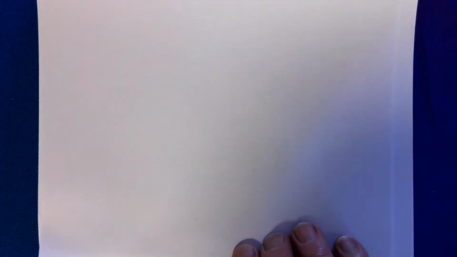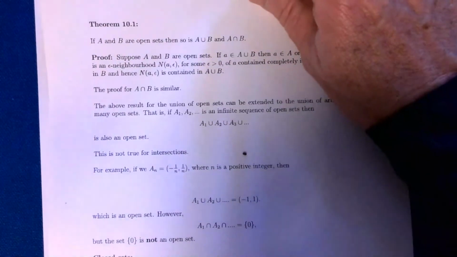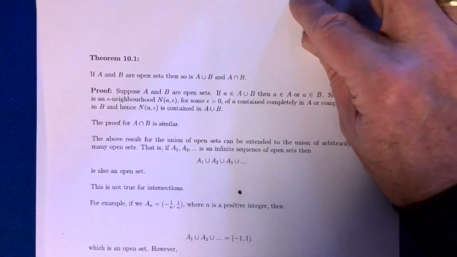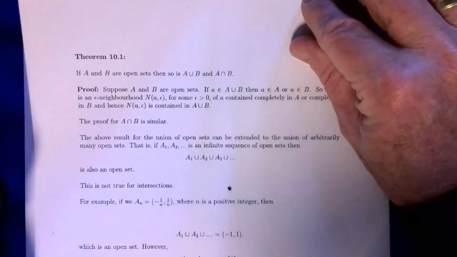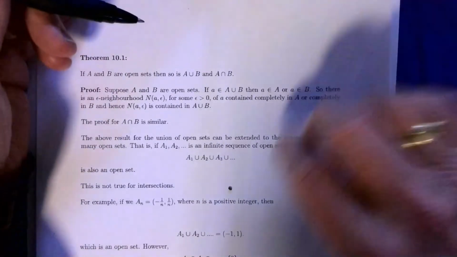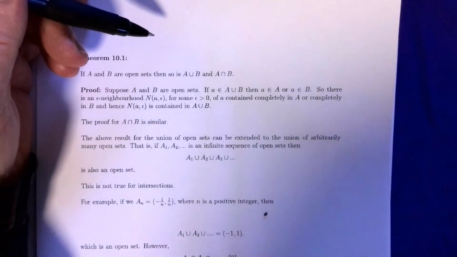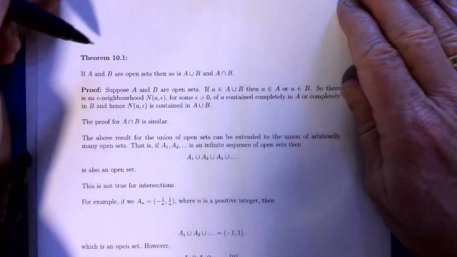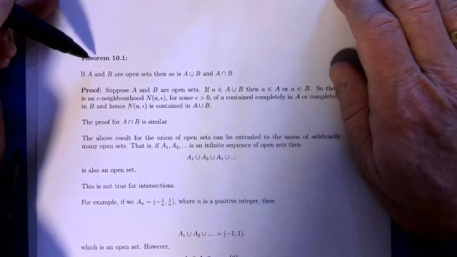And having that, then we can state our first theorem for this section. We saw in the example above that when we looked at the union of two open sets, we saw that was also open. So here's our theorem, the first one for this section.